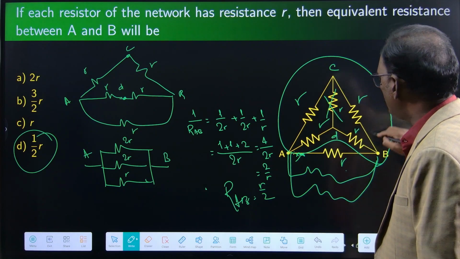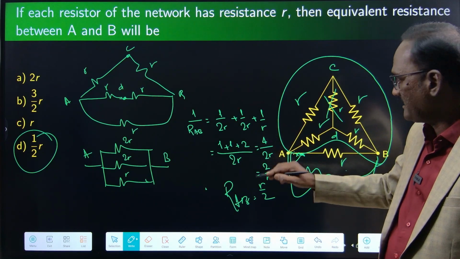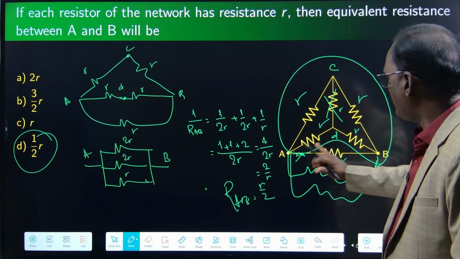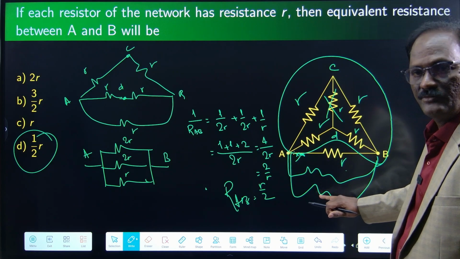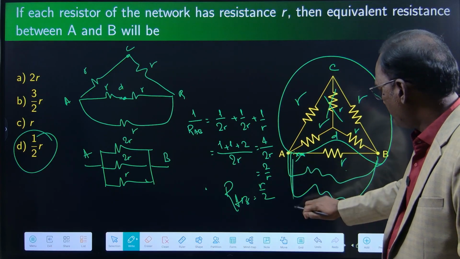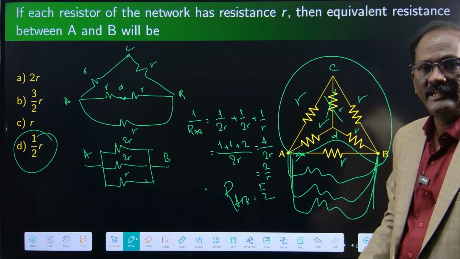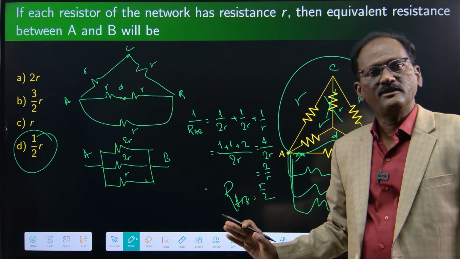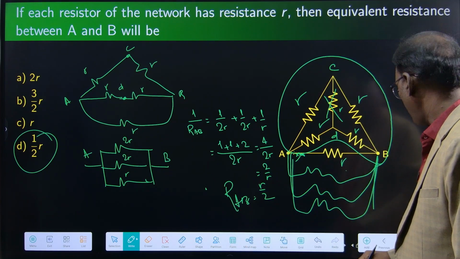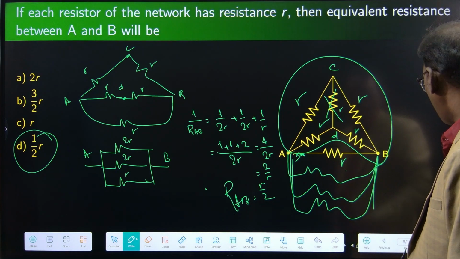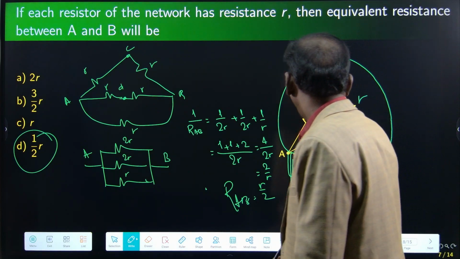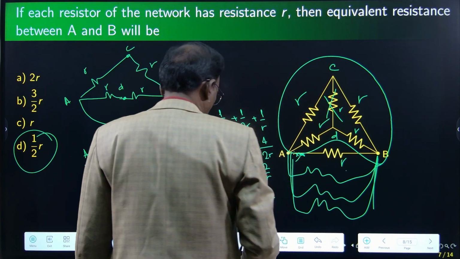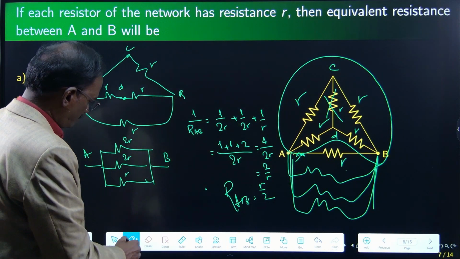This arrangement must have 5 resistors, but a 6th resistor may come between A and B, the 7th resistance may come between A and B, the 8th as well. This way you can add any number of resistors. Right? Okay. The same problem can also be solved by mirror symmetry.